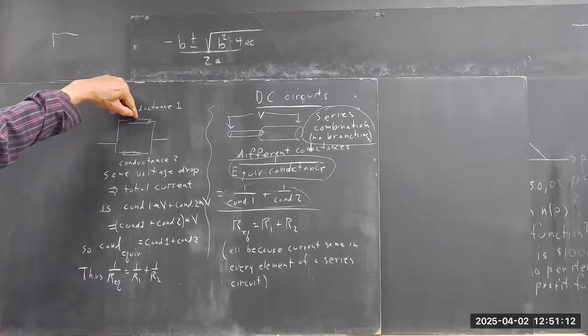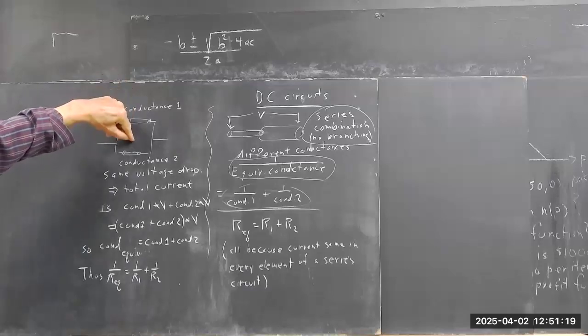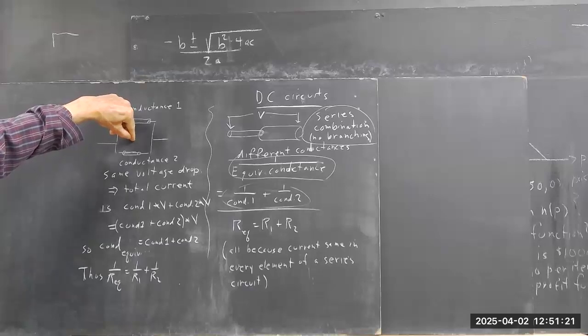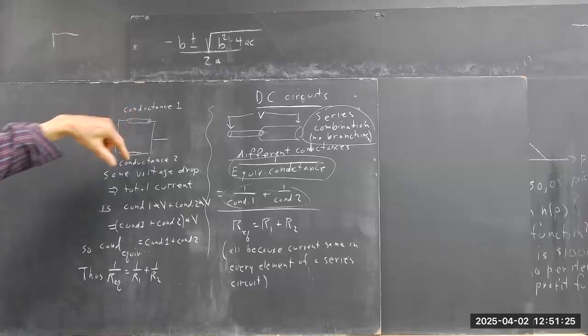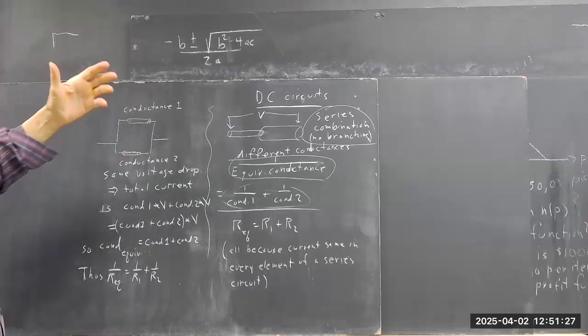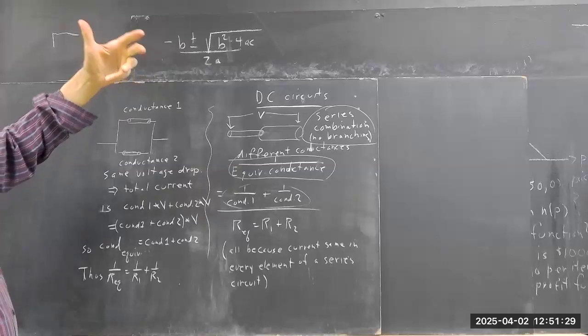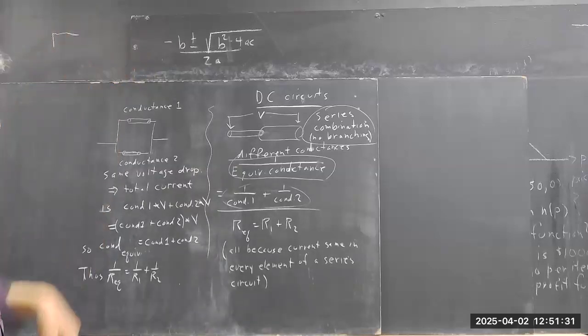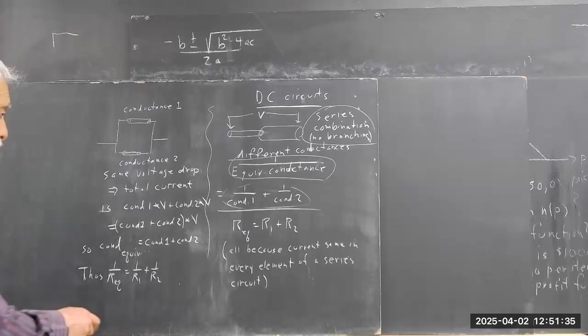The voltage is the same, so the current here is voltage divided by this resistance, and the current here is voltage divided by this resistance. And the whole thing is equivalent: it is the same voltage divided by the equivalent resistance, and this pops right out.